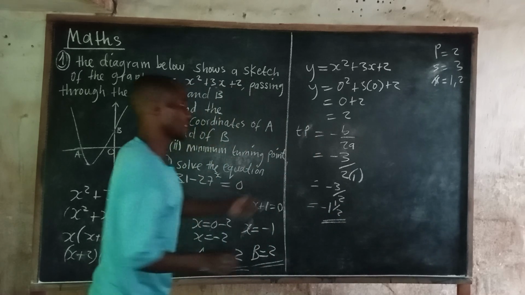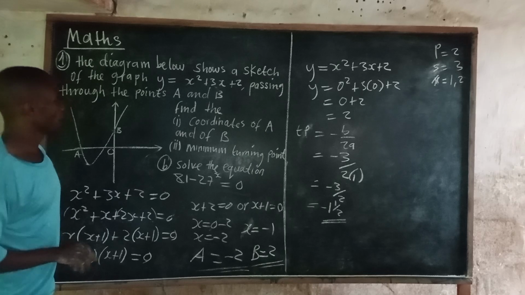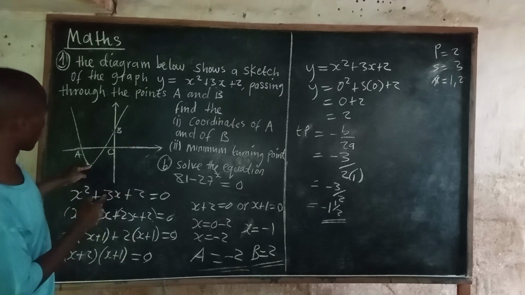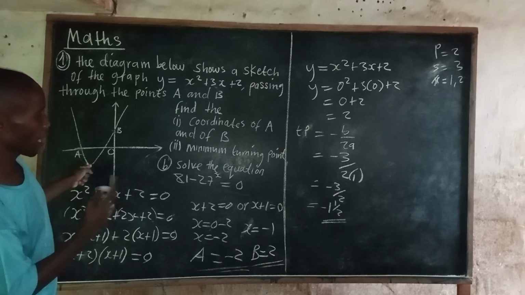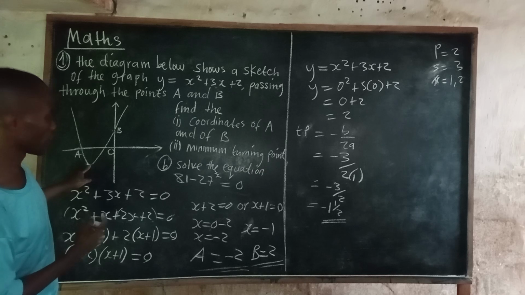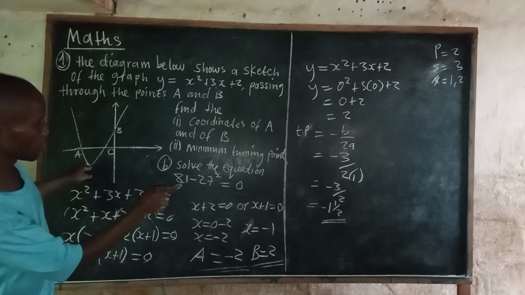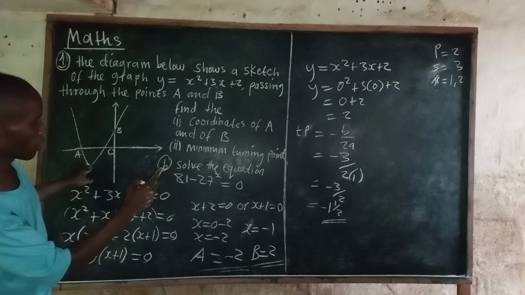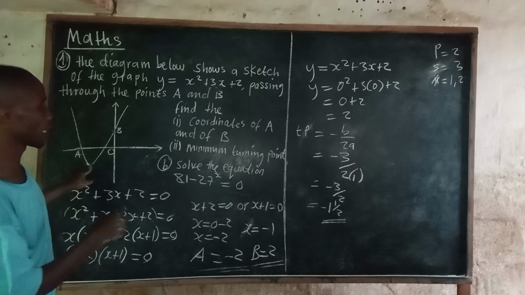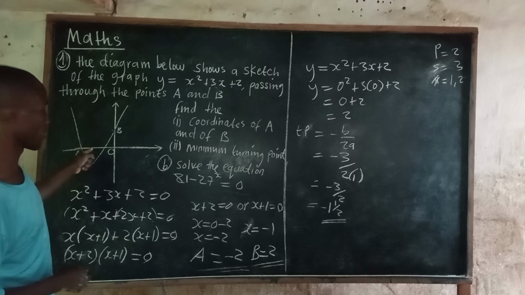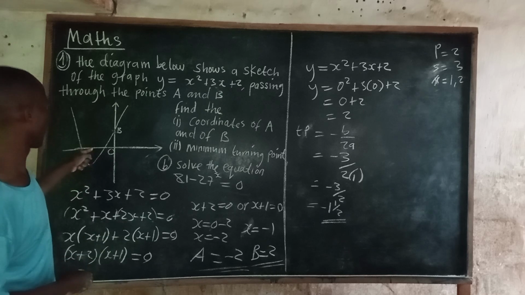So that is the x coordinate. Now that is the turning point. The axis of symmetry is negative 1 over 2, which is negative 1.5. That is here, it's negative 1.5.